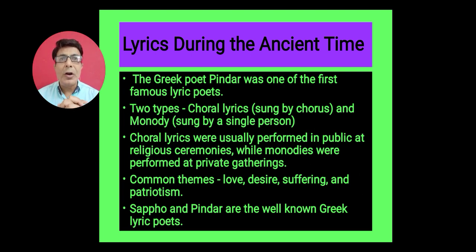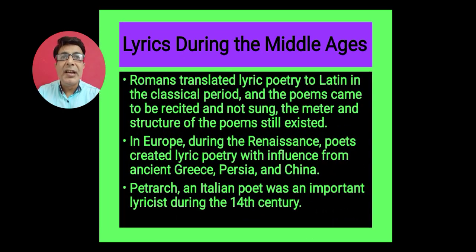The common themes of lyric poetry in the ancient times were love, desire of something. Desire means wish, okay? Desire of something, suffering, sometimes war, sometimes patriotism. These were the common themes on which the ancient lyrics, both choral and monodies, were written. And in the ancient Greek times, Sappho and Pindar were the very well-known Greek lyric poets.